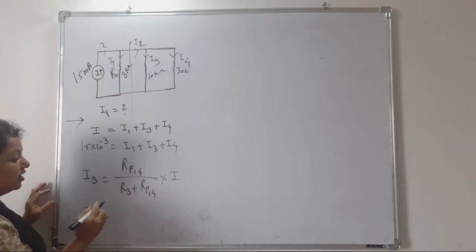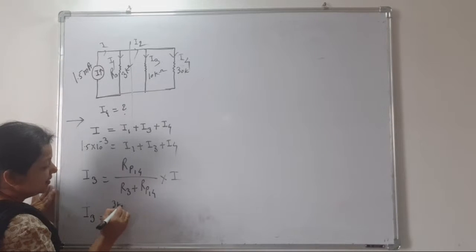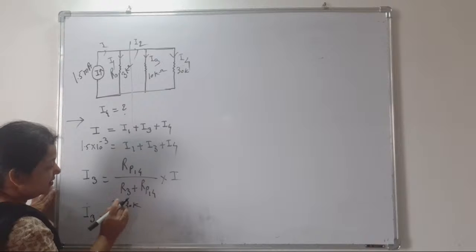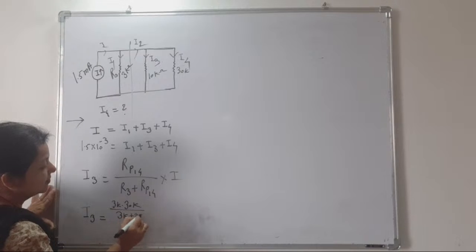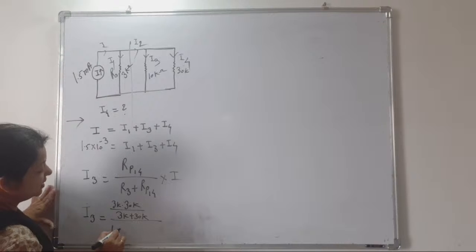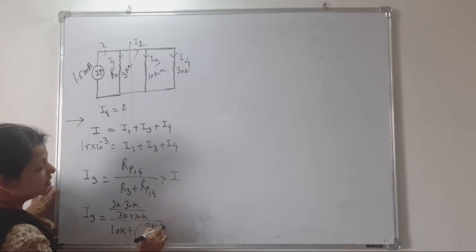Shall I write in short? 3K into 30K upon R3, which is 10K, plus 3K into 30K.